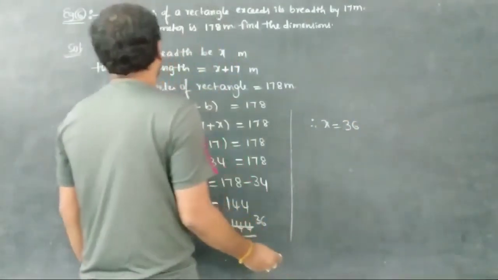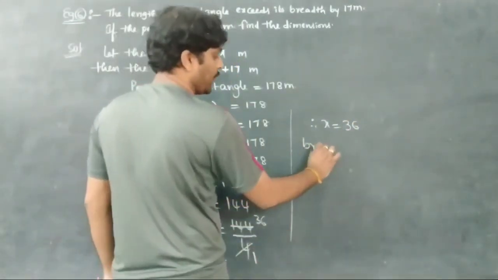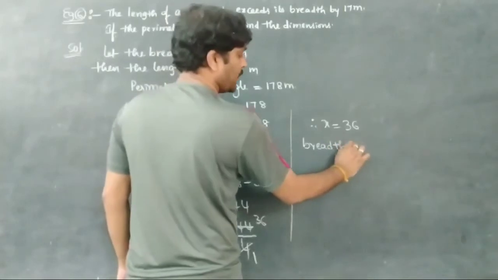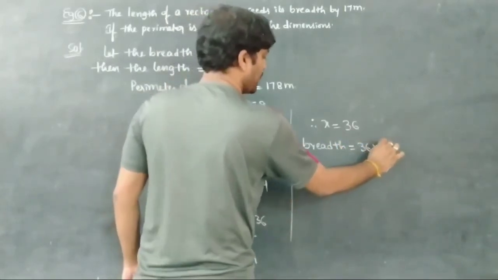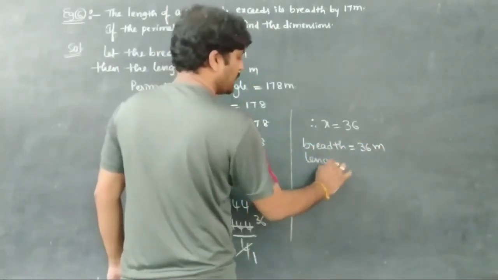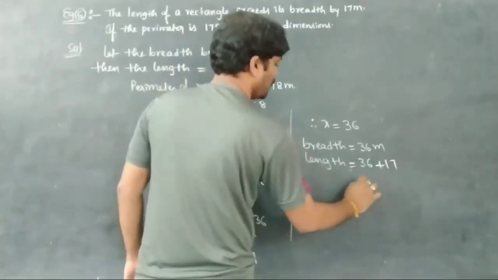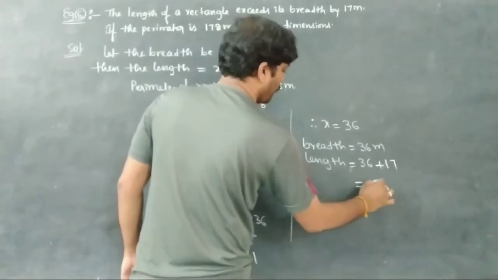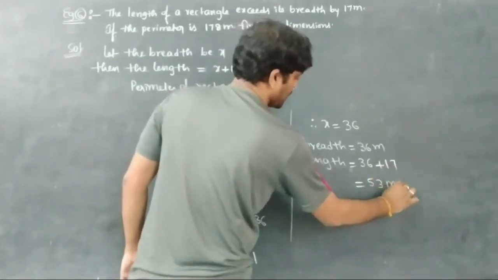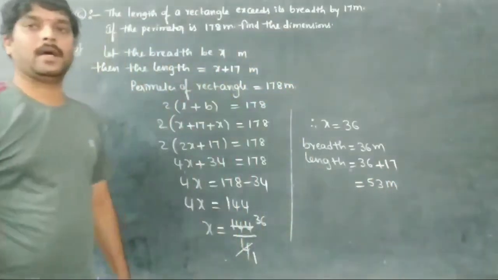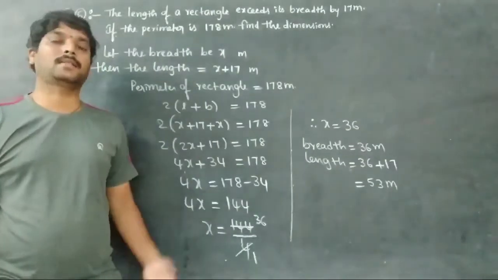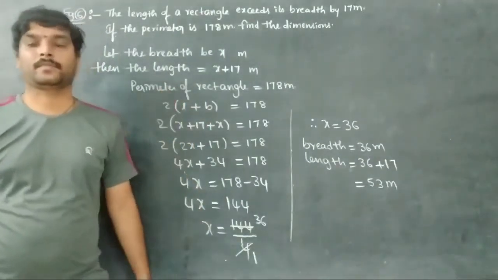What is x called? The breadth of the rectangle. Breadth is equal to 36 meters. Now length is equal to 36 plus 17. Both you should add. Now 53 meters. Length and breadth. Dimensions means a rectangle has length and breadth.